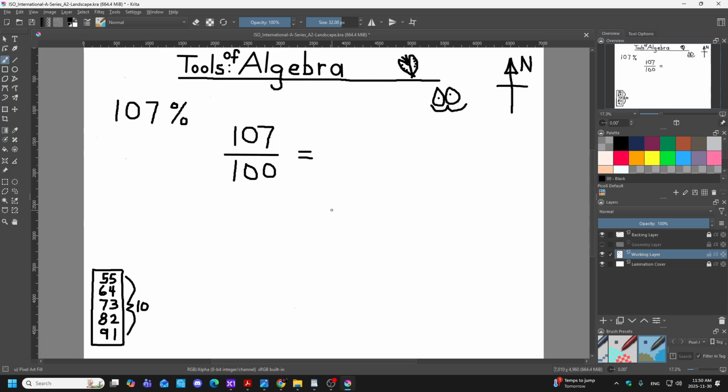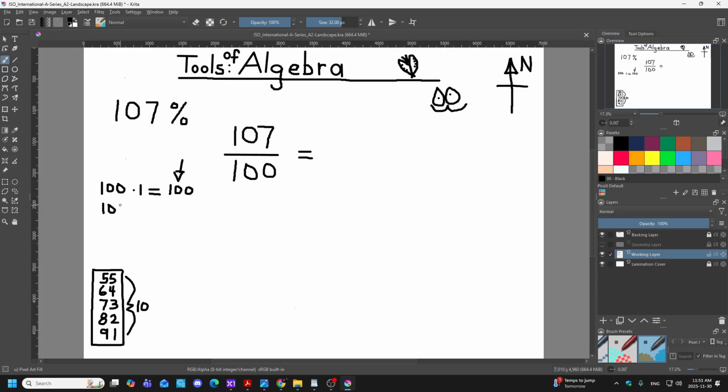Let's convert this to a mixed fraction. To do this, we simply look at the 100, the denominator, and see how many times it goes into the numerator. 100 times 1 equals 100. We want to find a value that is less than 107 without going over.